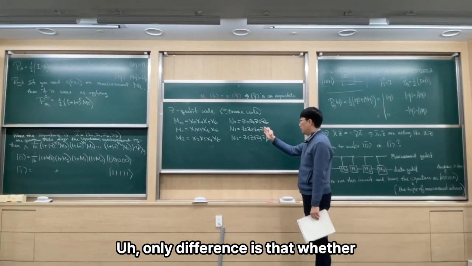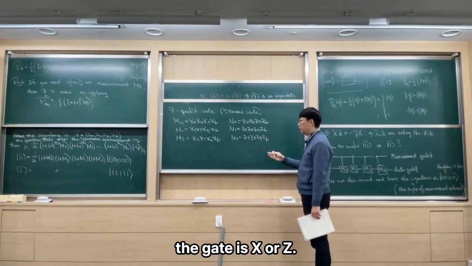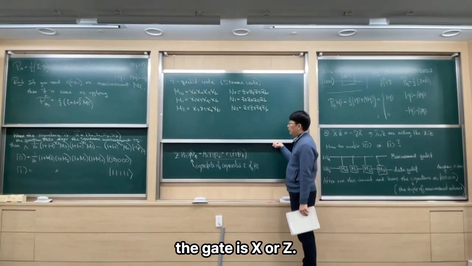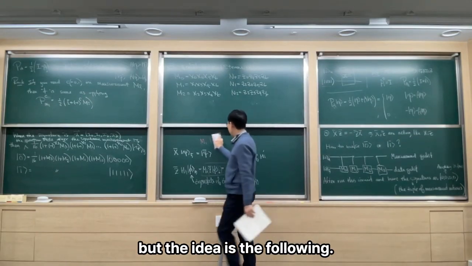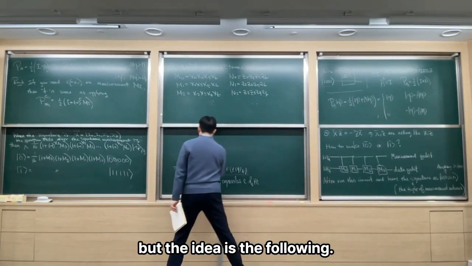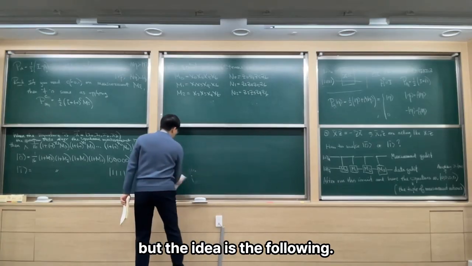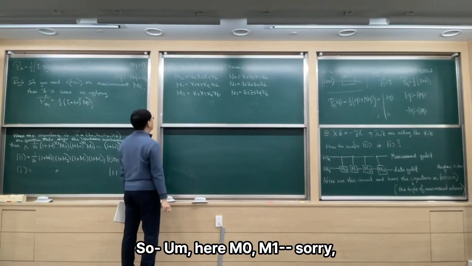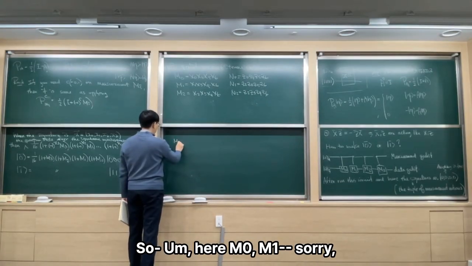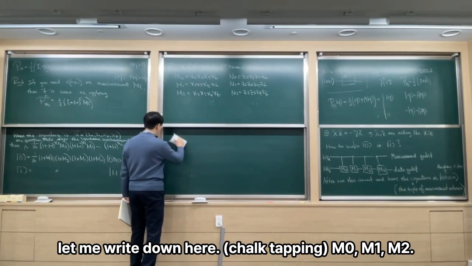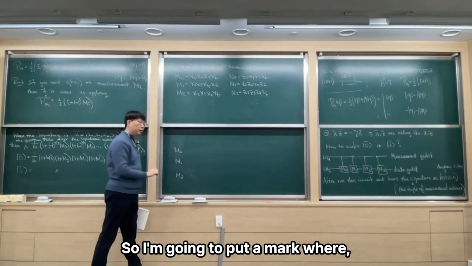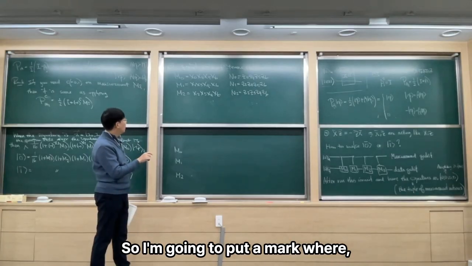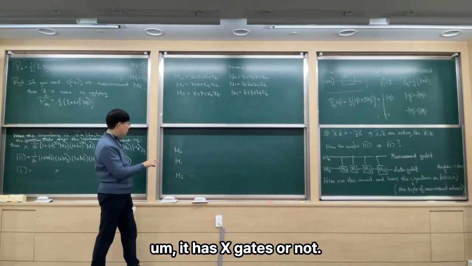The only difference is whether the gate is X or Z. And you can change the indices, but the idea is the following. Here M0, M1, M2, so let me write down here. I'm going to put a mark where it has an X gate or not.